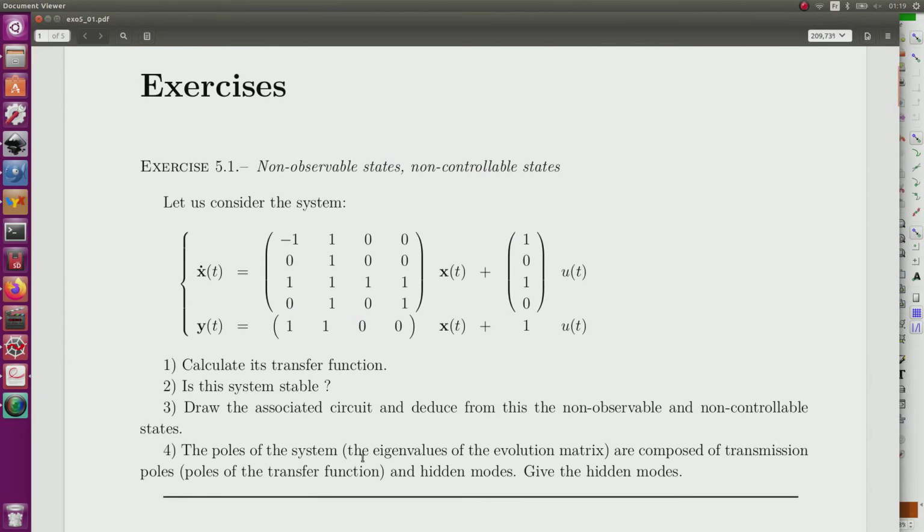The last question. The poles of the system are composed of transmission poles and hidden poles. I have to give the hidden modes.